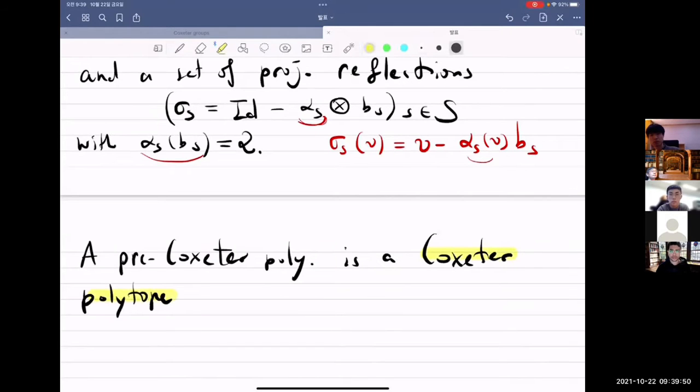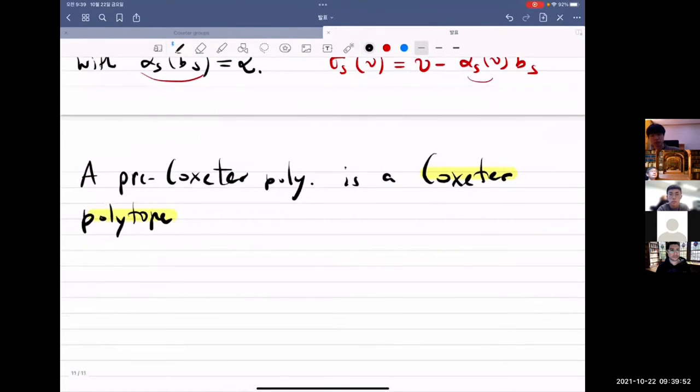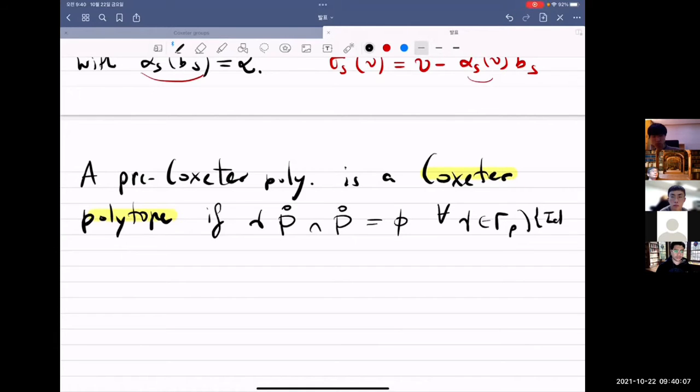So this is our main object, right? A pre-Coxeter polytope is a Coxeter polytope if the interior of P intersected with the interior of gamma P is always empty for all non-trivial gamma, where Gamma is the group generated by these reflections.